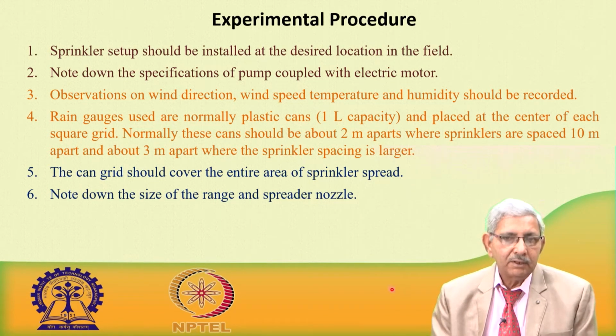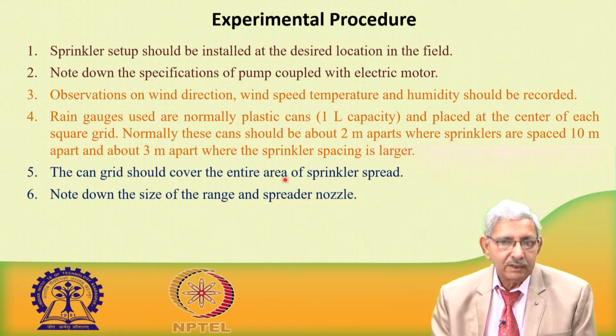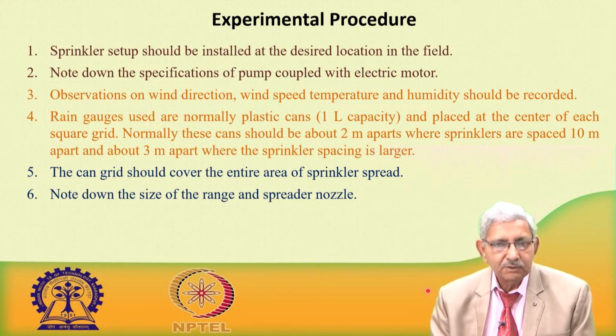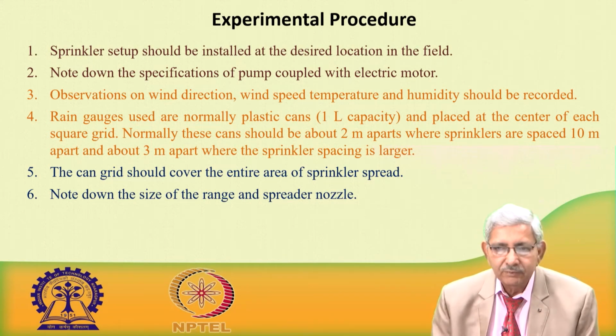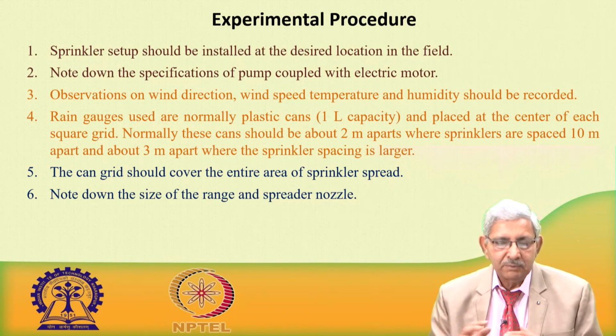The grid should cover the entire area of the sprinkler head. Theoretically it should be, otherwise if there is no wind condition, this is done for the entire area. When there is wind or some kind of disturbance, the data are going to be affected.